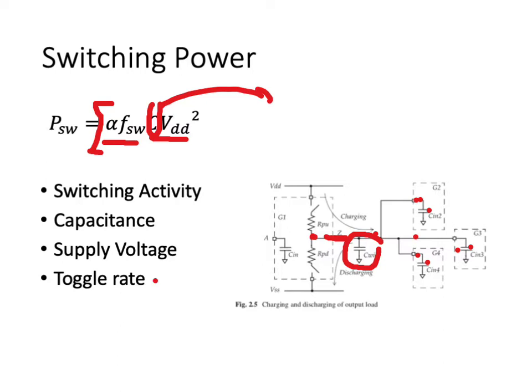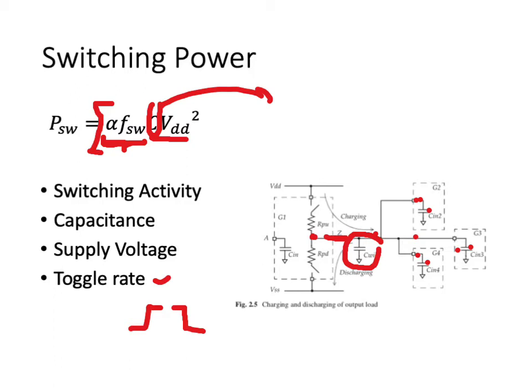Now, the toggle rate is simply the average number of transitions, rise transitions as well as fall transitions of the circuit, and this is typically expressed as alpha times some frequency, where frequency here is the clock frequency. So alpha is the switching activity. It is a static probability value that gives us the probability of individual nodes.